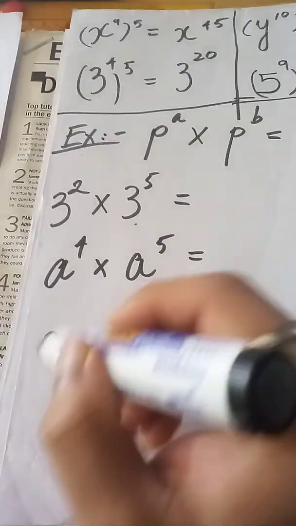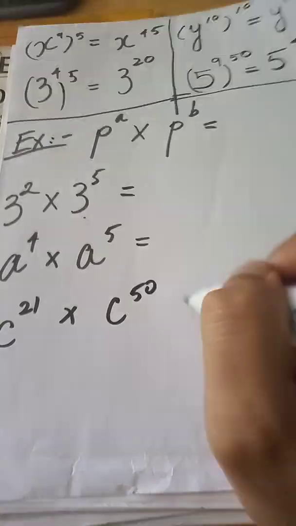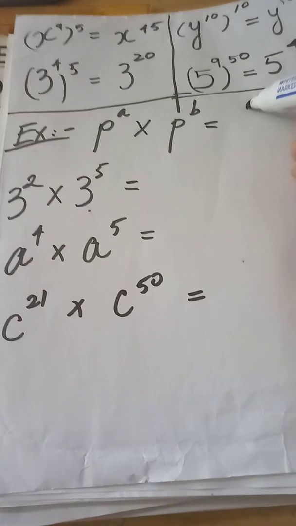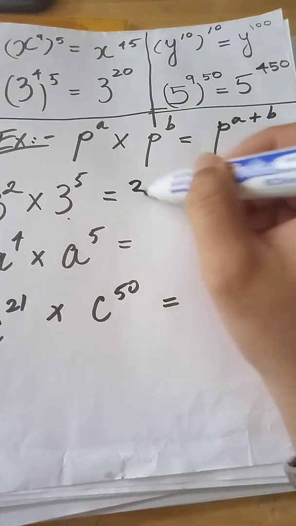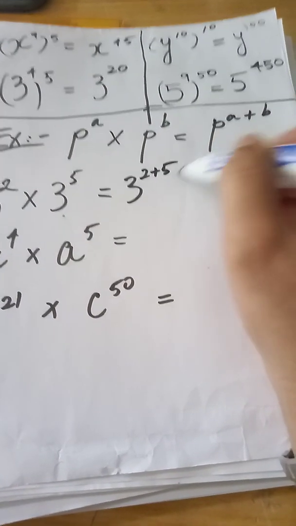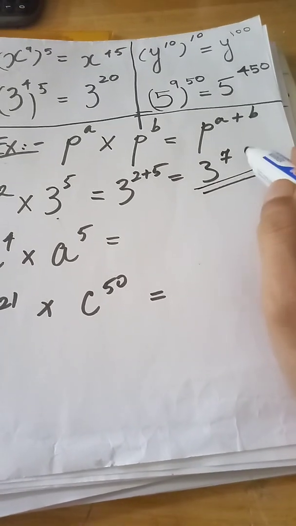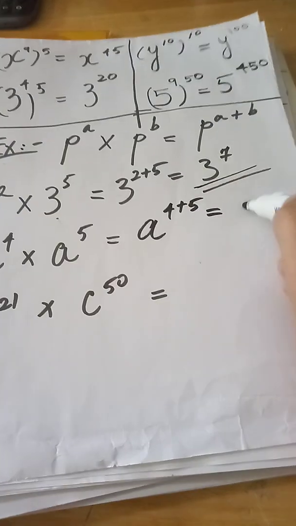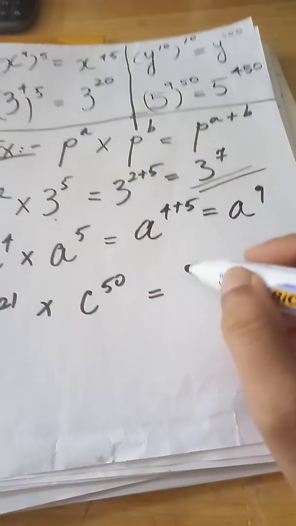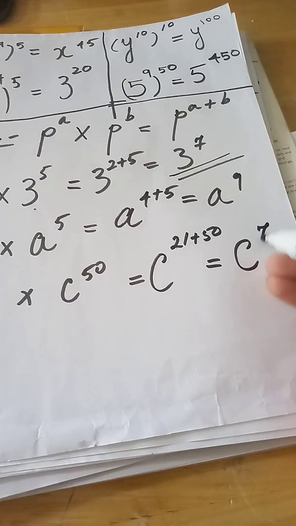And then c to the power 21 times c to the power 50. So this one would be p to the power a plus b. This one would be 2 plus 5 equals 3 to the power 7. This one, you don't need to write the digits, just this answer is fine. And then this one would be 4 plus 5 equals a to the power 9. And then this one would be c to the power 21 plus 50 equals c to the power 71.